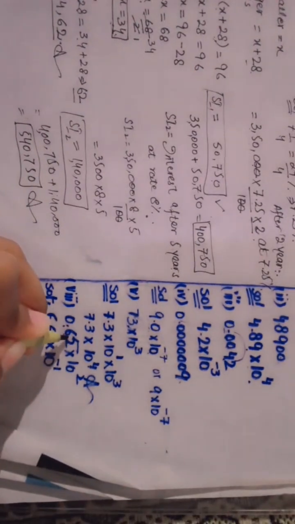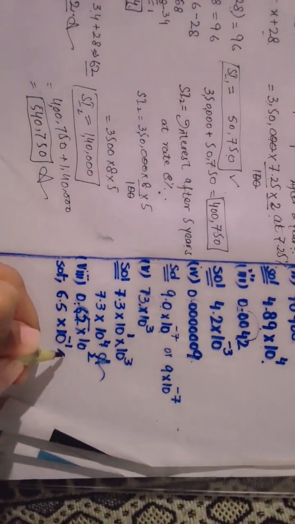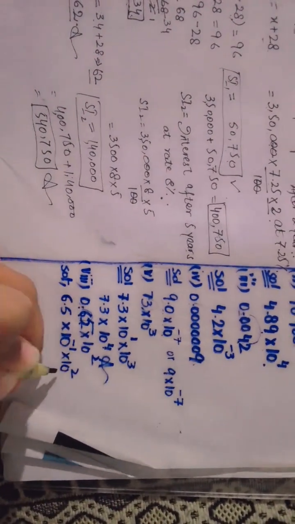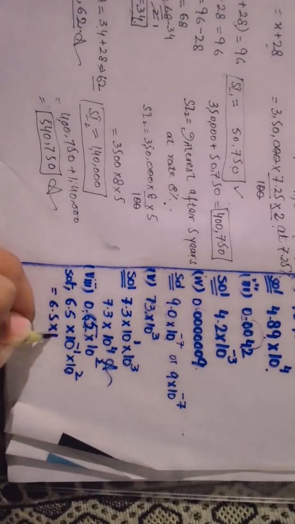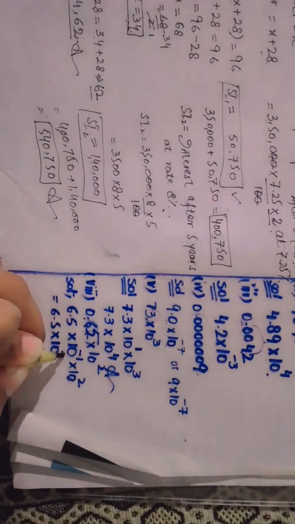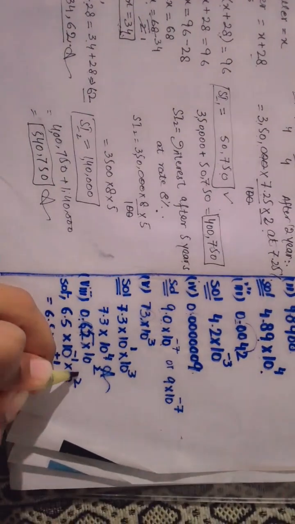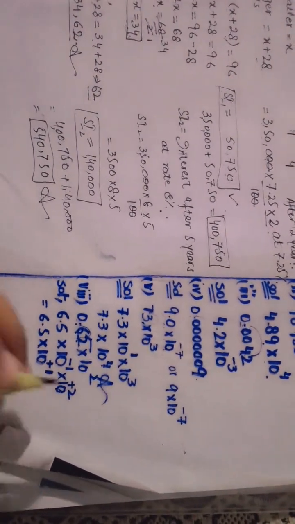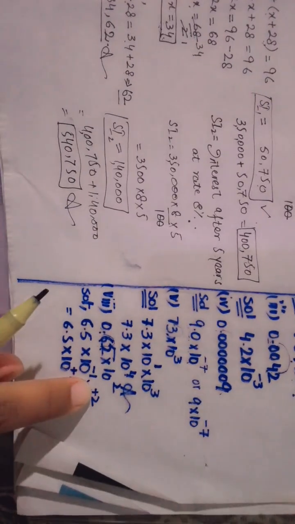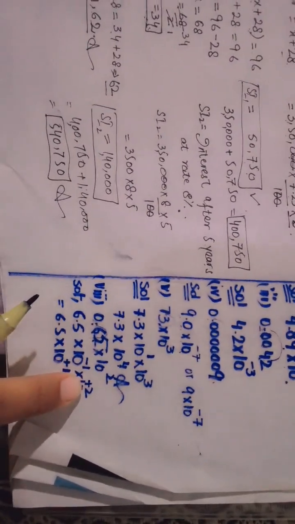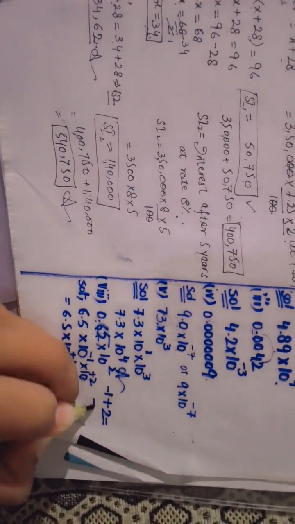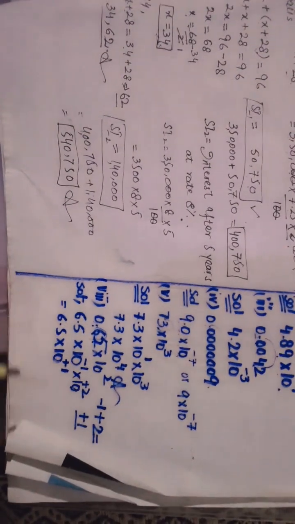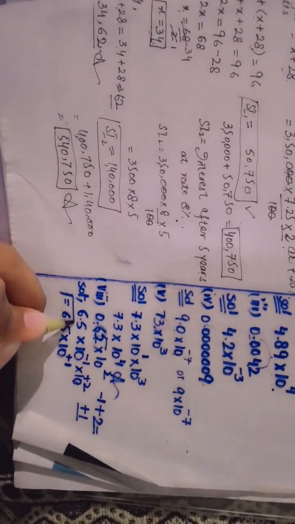Because one digit, and 10 की raise 2 is because of this above. So we can say that 6.5 multiply 10 की raise plus 1, because here it is not indicated, but it's actually represented that it will be plus. So if we write plus here, we can say that minus 1 and plus 2 will be equals to plus 1.